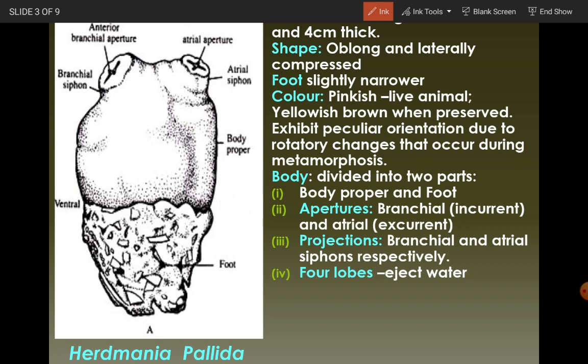Whereas the atrial siphon is a little longer, about 1.5 centimeters, and it is directed upwards, leading to the excurrent opening, that is the atrial aperture. Both are guarded by these four lobes which control the movement of water in and out of the body of this Herdmania.